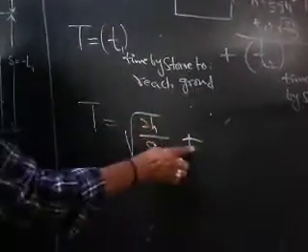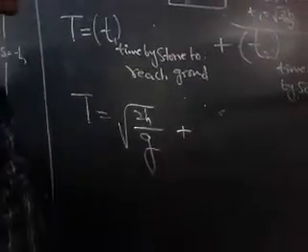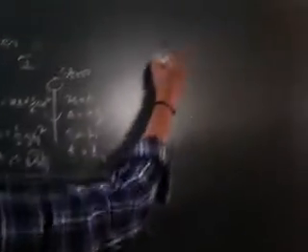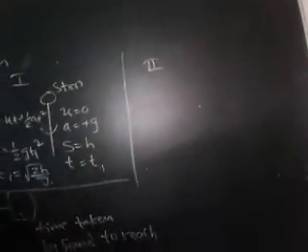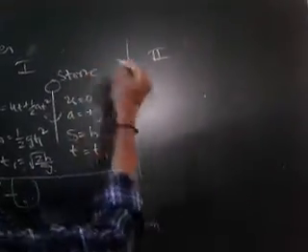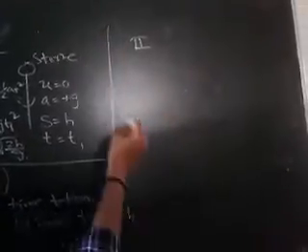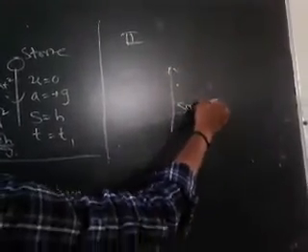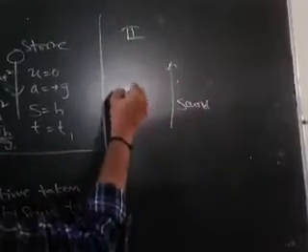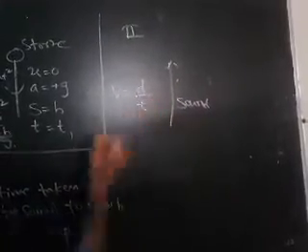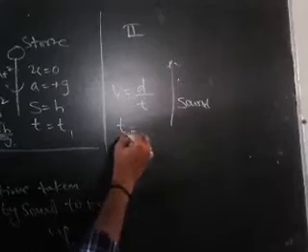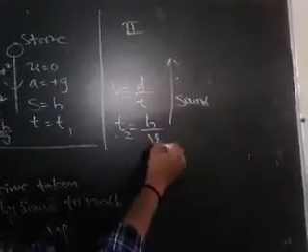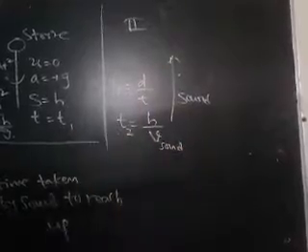Plus, next, the time taken by the sound. In the second case, the sound will be reaching up. Velocity is equal to distance by time, t is equal to t2, distance is h, velocity of sound is v.